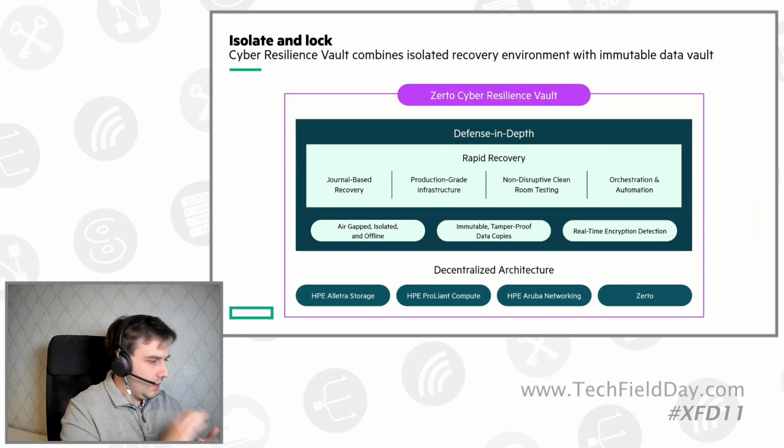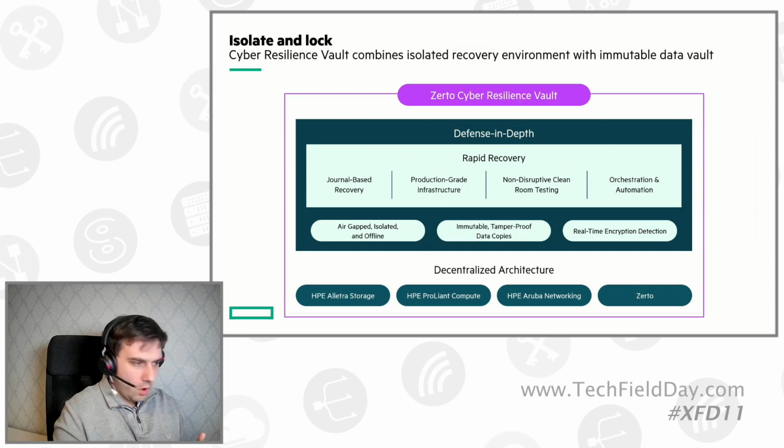So all fully air-gapped, fully isolated, offline copies, immutable, tamper-proof data copies, with that real-time encryption detection that we saw earlier on, a decentralized architecture based upon HP Electra storage, HP ProLiant compute, Aruba networking, and Zerto for your recovery software. So that's what it looks like as a holistic view.